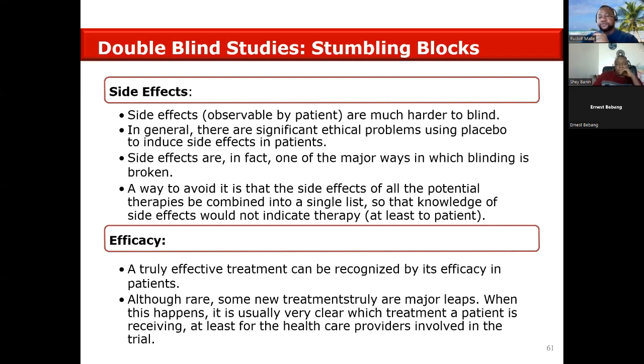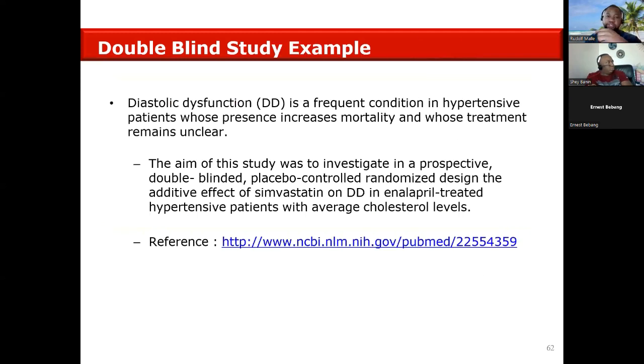So when they look at the result, the expected outcome, they understand the efficacy, which is the effectiveness of each drug during the study. When the results come out, the investigator will be able to know that this patient was receiving this drug. But it's better for them to learn it at the end of the study than during the study.